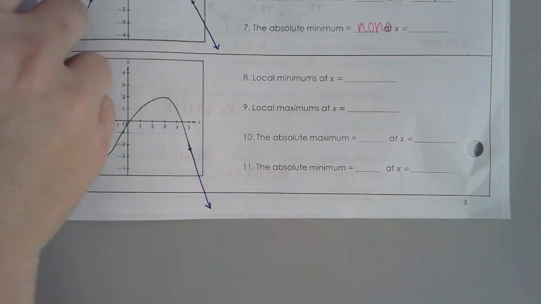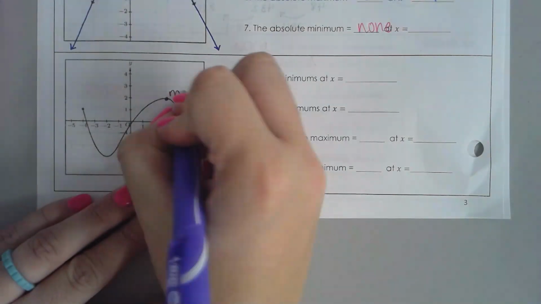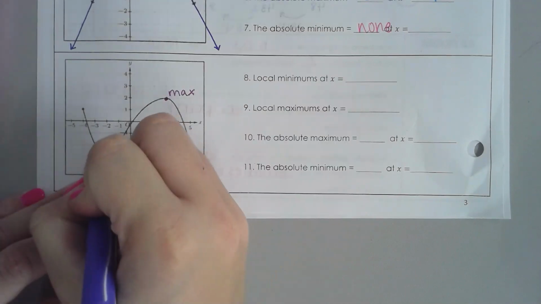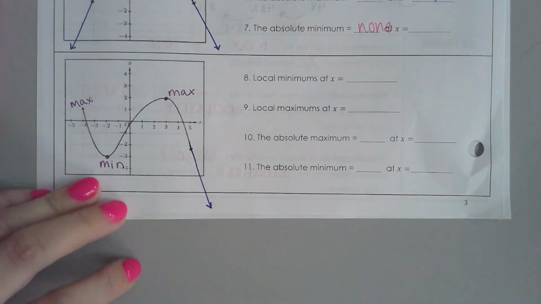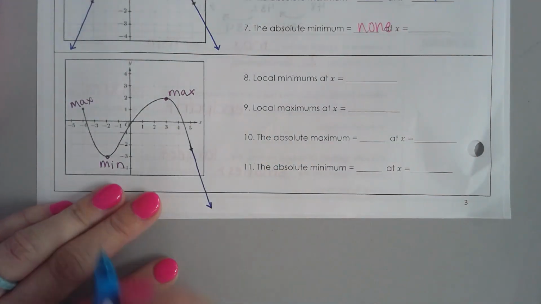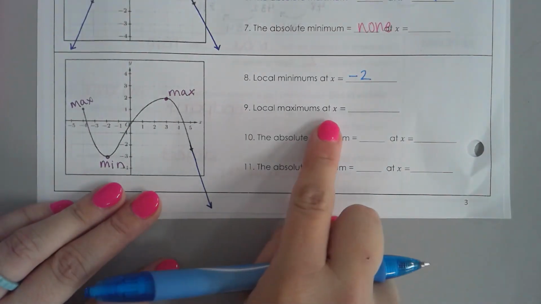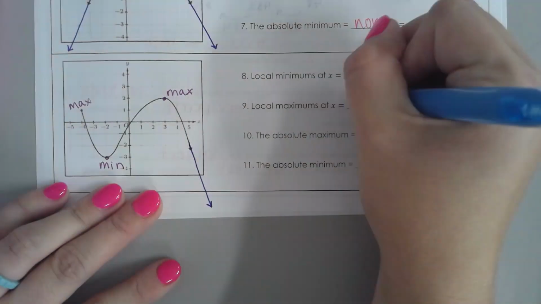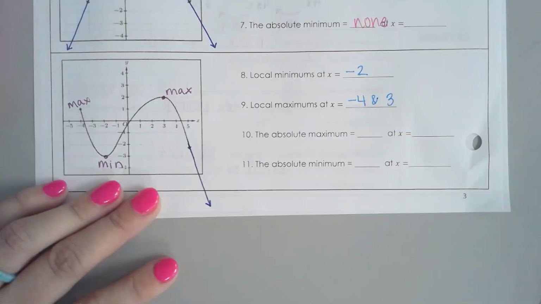Alright, so hilltop, max, valley, min, this would also be a max. So you should have local minimum at x equals -2, local maximums at x equals -4 and 3.